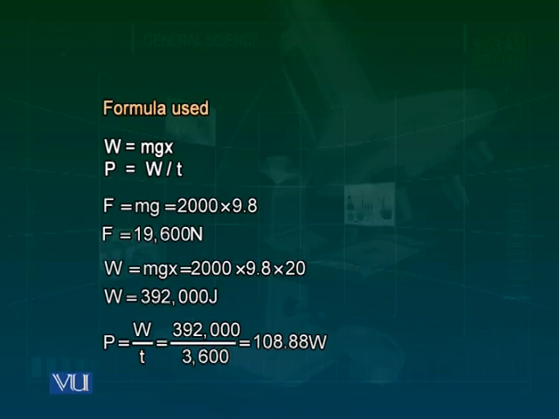And of course, the work done is going to be mgx, which is 2000 multiplied by 9.8 multiplied by 20 is 392,000 joules, and the power which is being provided by the motor is 392,000 divided by 3600, which is going to be 108 watts. So something like 110 watts of power is basically required because it is a very long period of time.